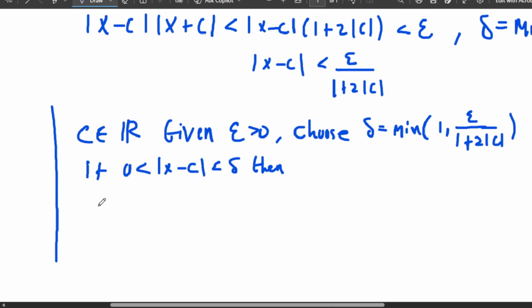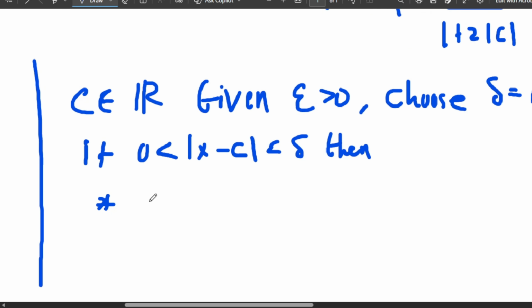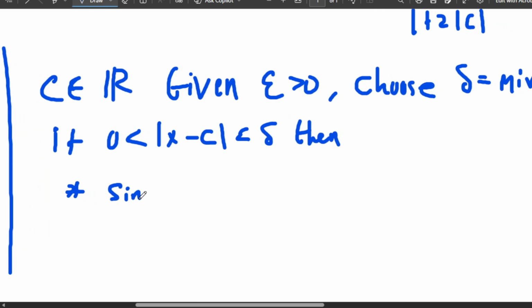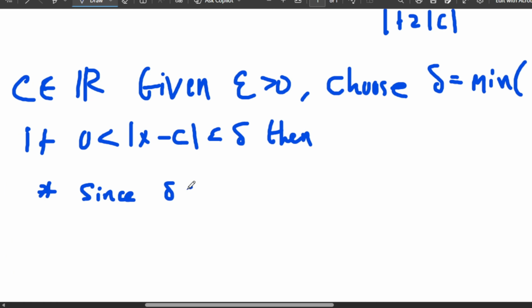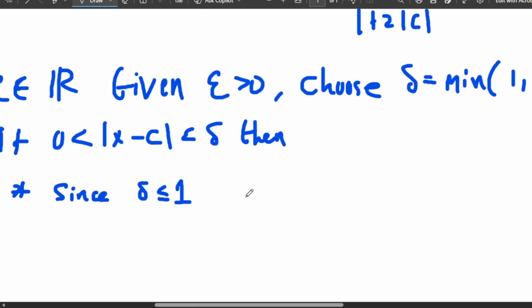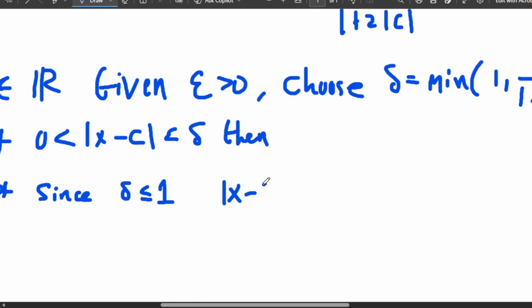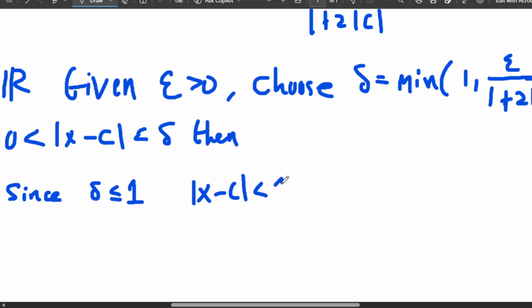The first point is, since delta was less than or equal to 1, absolute of x minus C is less than 1.